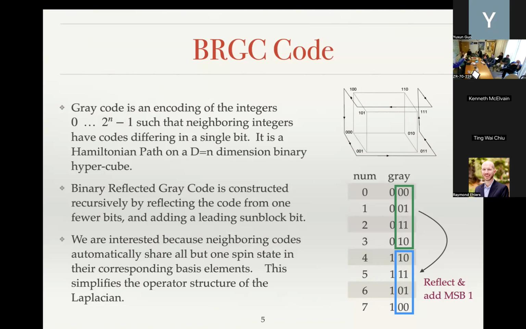You keep doing the reflection trick, and then you make the upper block have the new bit be a 0, followed by a 1 for the second half. And you'll notice it wraps around too. This bit flips, and you end up back at the first. So it's a periodic encoding where you have single bit changes.